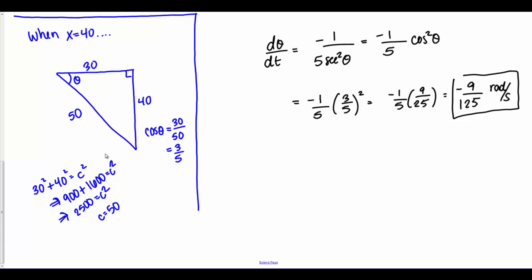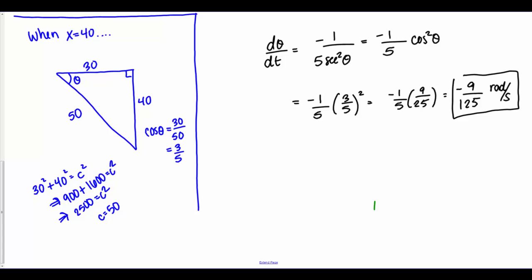Now, there are actually several ways you could have gone about doing this last step. So we used our triangle to solve for cosine theta, and then we plugged cosine theta into this relationship. There are many other similar things you could have done. You could have stuck with this negative 1/5 secant squared of theta and figured out what secant was from the triangle.